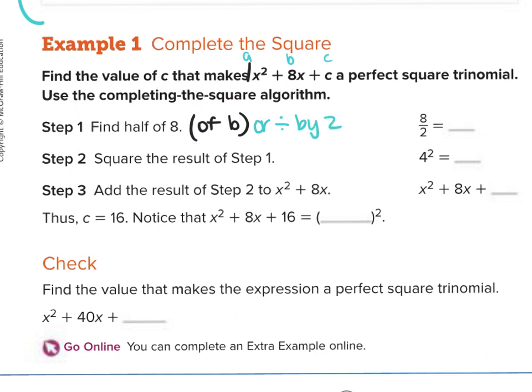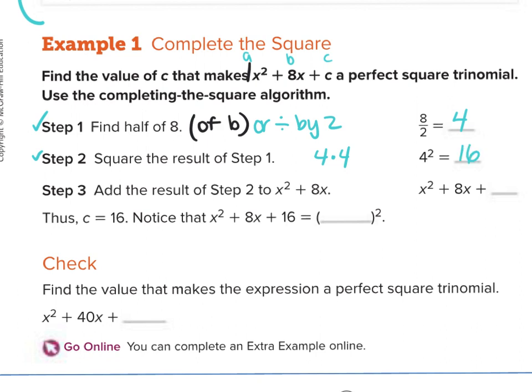So 8 divided by 2 gives us what? 4. And then square the result of step 2. That means exponent of 2 or times it by itself. So 4 squared, 4 times 4. What's that give us? 16.